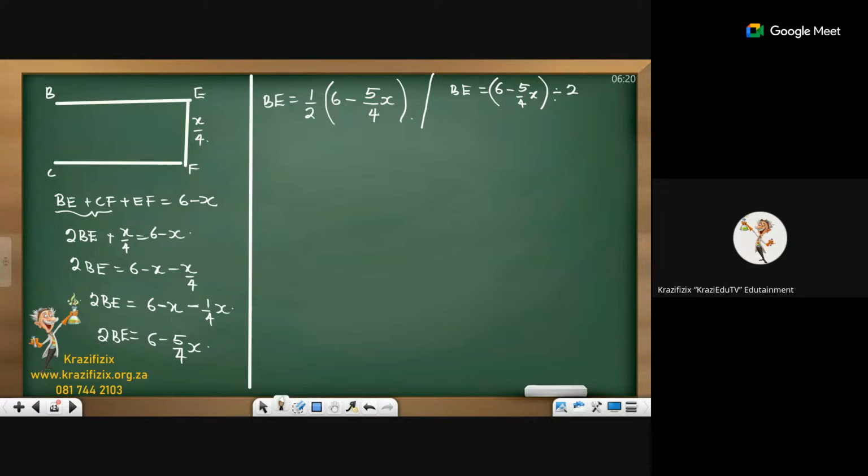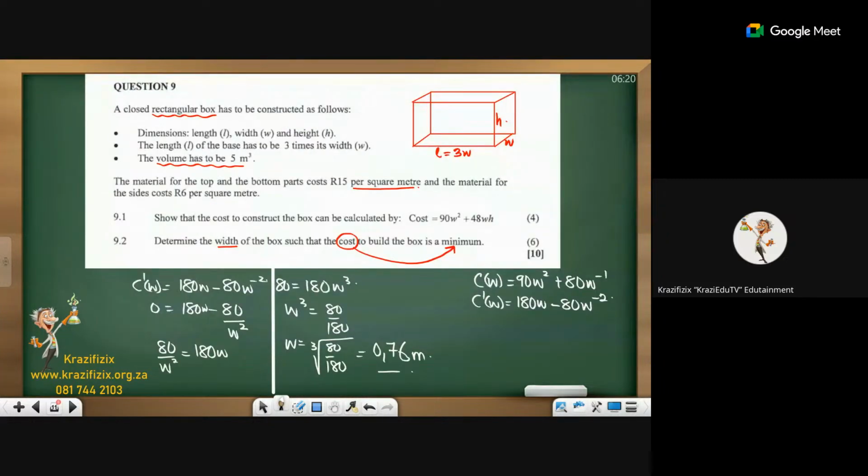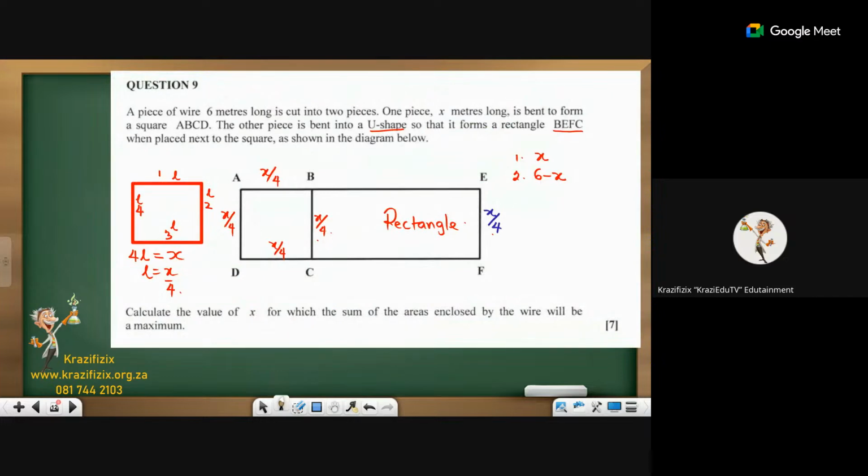And this is why we need to learn to do division without calculators. Division becomes multiplication, and we reciprocate. So what? 3 minus 5 over 8x. Oh, sweet. We now have BE. Now, let's quickly check. Oh, I forgot to actually read because I was excited. Okay. All right, you got it, Tiamo.